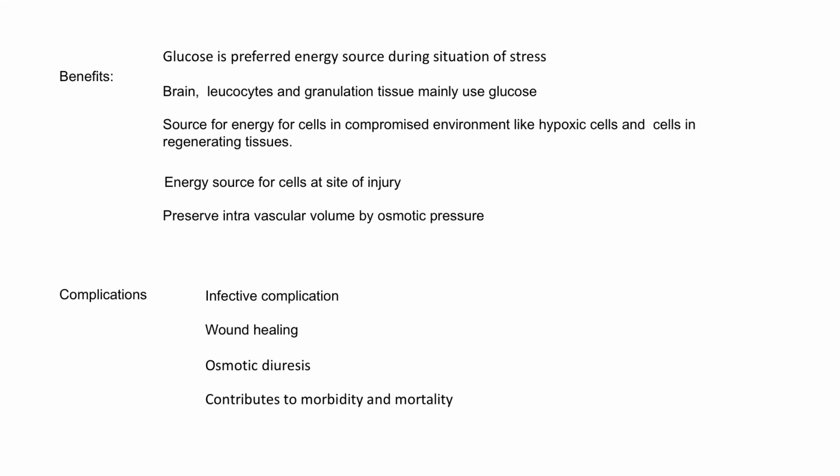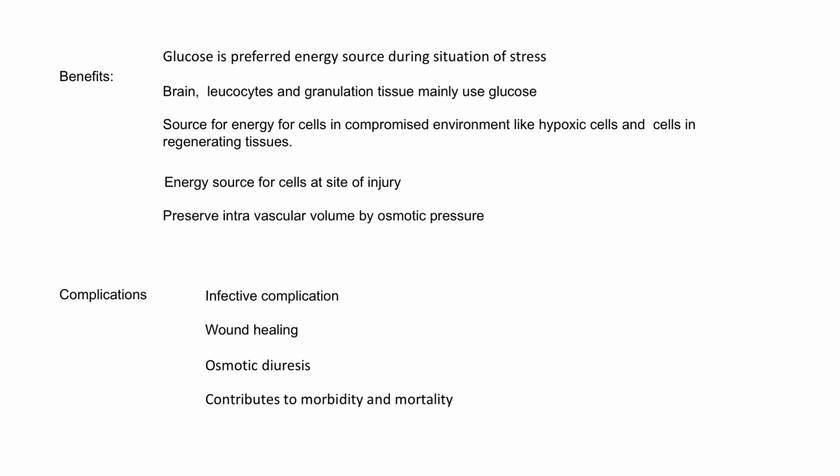Adequate blood glucose levels help during metabolic response to stress, as glucose can be used by almost all cells in body, and it can be used in both aerobic and anaerobic conditions. So glucose is preferred source of energy during situation of stress. Glucose can be main or only source of energy for some organs or cells like brain, leukocytes, and RBCs.